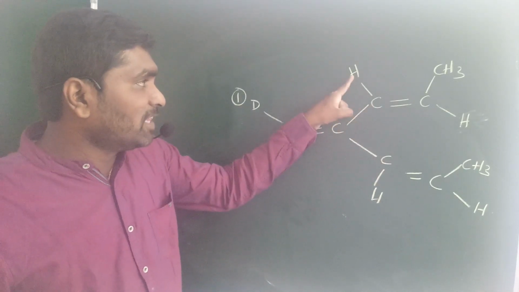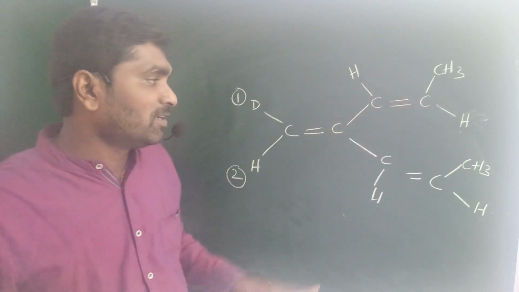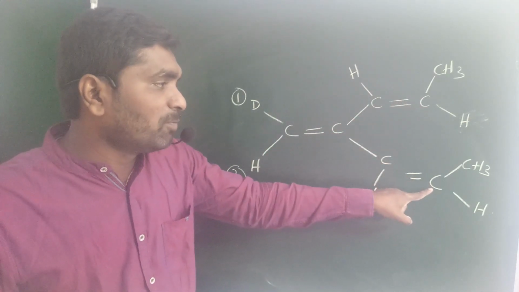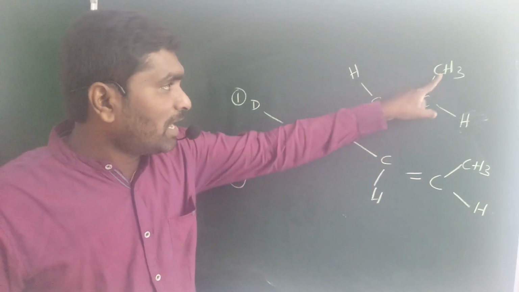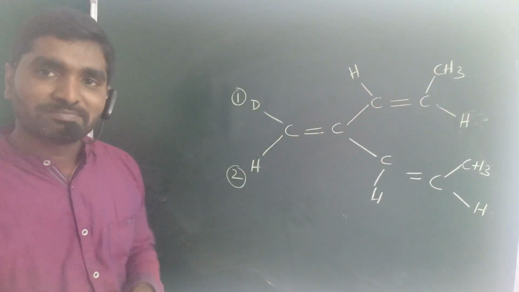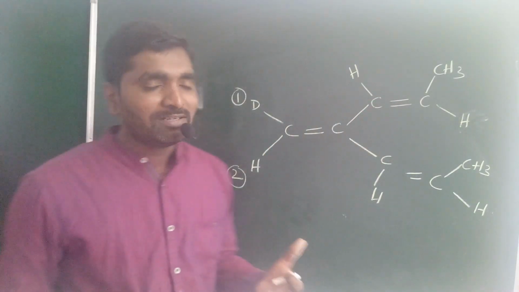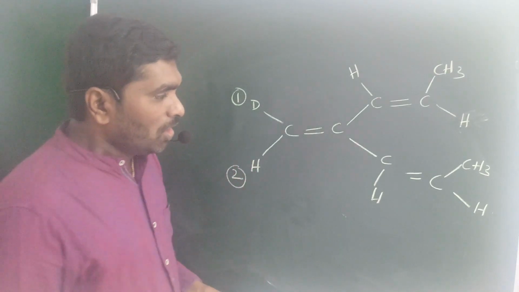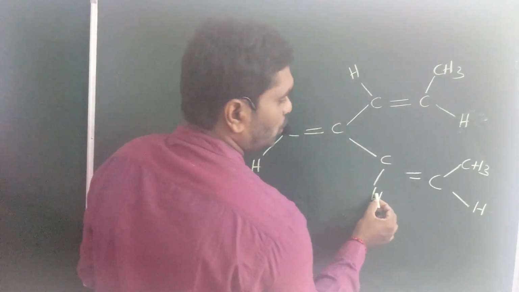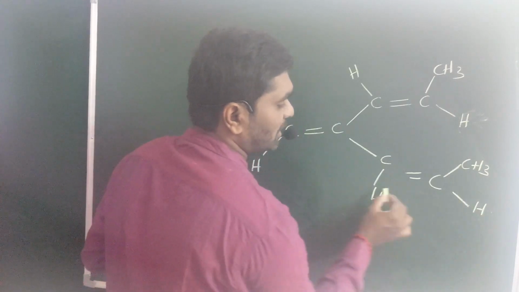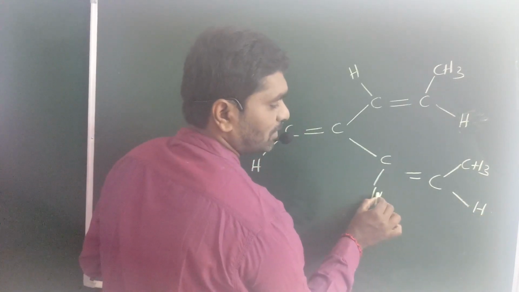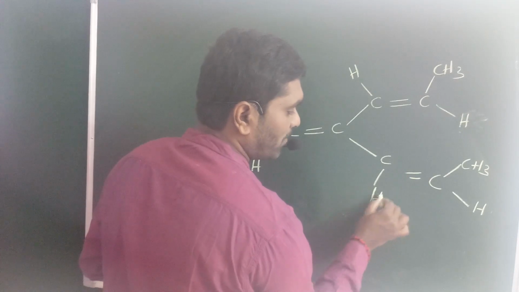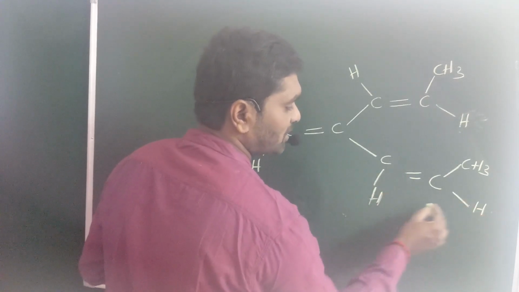This carbon is bonded with the hydrogen and multiple bonded carbon. Again, this carbon is bonded with the multiple carbon, and the atoms are also the same. Then what happens? Look at this one. The two hydrogen atoms are present on the same side. That means the two same priority groups are present on the same side.